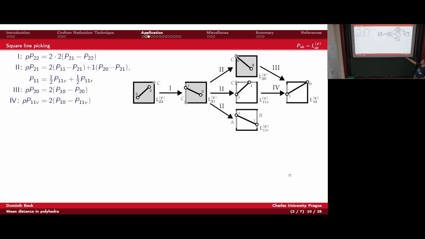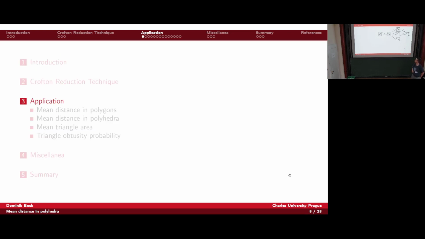So you write down this equation, and this equation tells you that the mean distance between 2 points selected in the interior is a linear combination of the same distance and the mean distance of 2 points where one of them is selected on the boundary. And why is this the case? Because of this lemma.